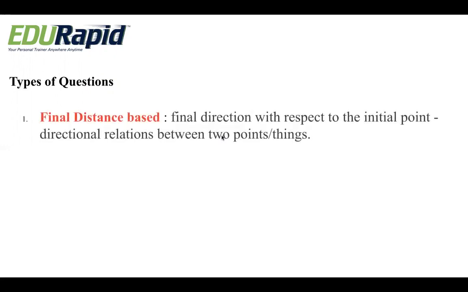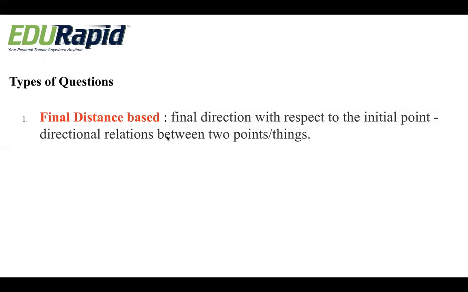Okay. Now let's look at the types of questions you might encounter in distance and direction. The first one, final distance based. That means you are asked to tell the final distance. In this type of questions, we have to ascertain the final direction with respect to the initial point or the directional relationship between the 2 points.